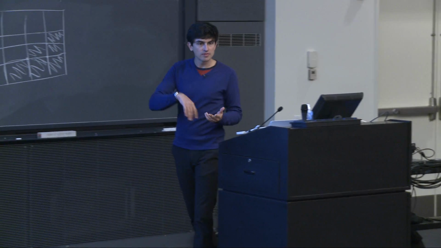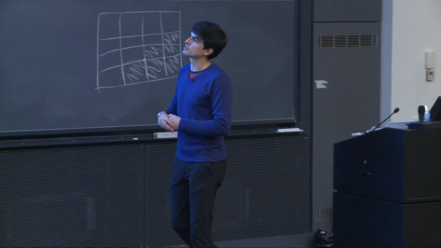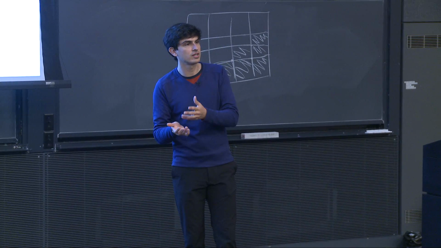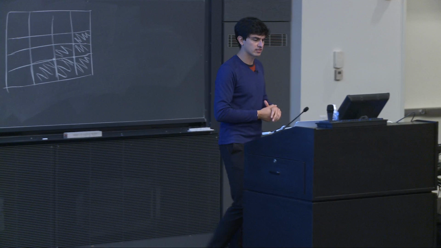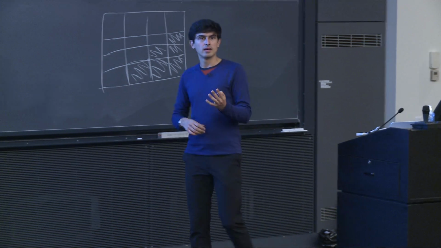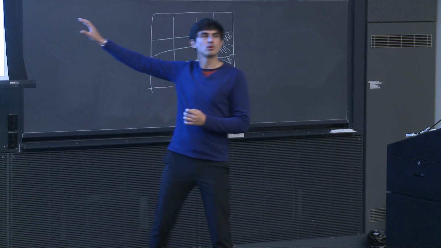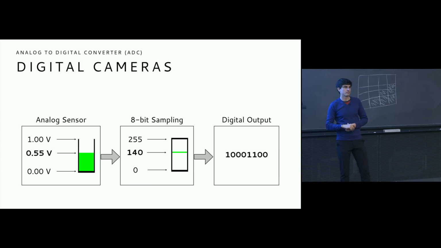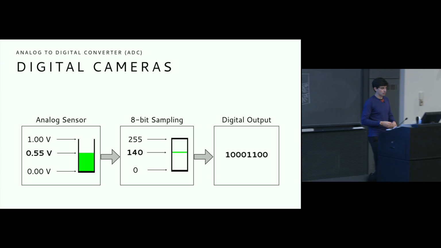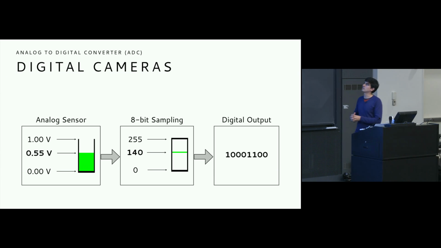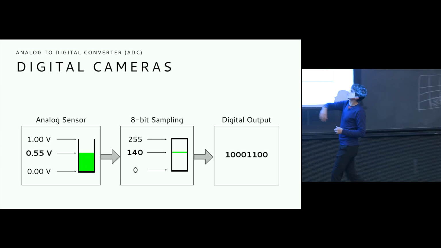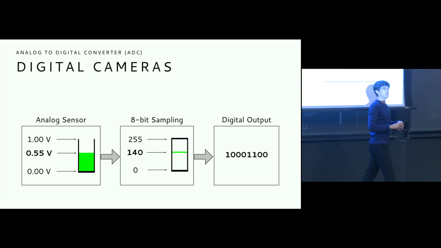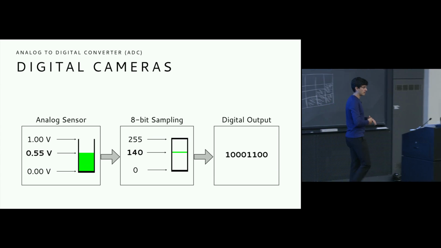It would either be off or on, which means we would only be able to record that some pixel is totally dark or totally bright. That's not going to be too useful. So maybe a 2-bit analog to digital converter will be a little bit more useful. In fact, it would allow us to record 4 states, but still it's not quite there. We would see the posterization that we saw just a moment ago. The simplest version that we could have is this 8-bit analog to digital converter that allows us to take values from 0 all the way to 255, take that output and actually spit it onto the memory card.